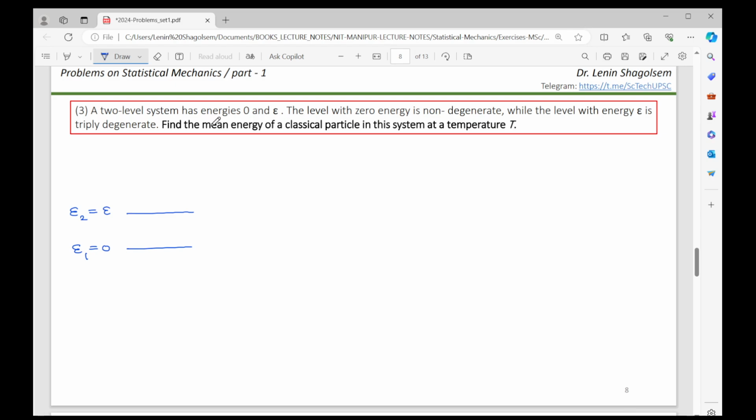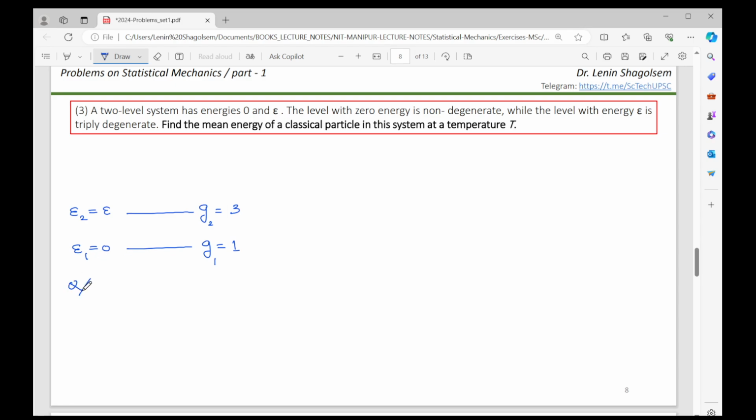The level with 0 energy is non-degenerate, so this is degeneracy 1, and the level with energy epsilon is triply degenerate. Now the question is, for this system, what is the mean energy?